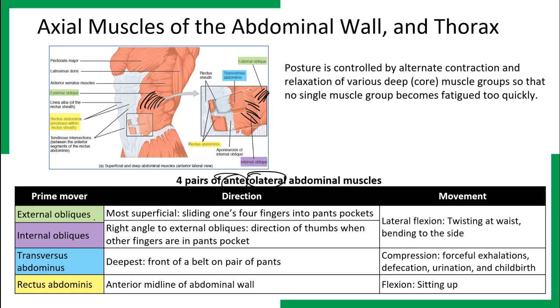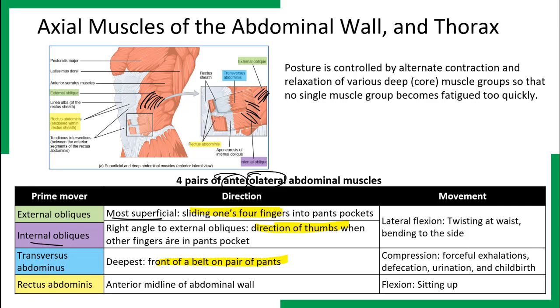So the external oblique muscles are the most superficial muscles, and what I've got over here is just some description so that you know which direction the muscles run. If you're wearing a pair of pants with pockets, wearing jeans, sorry, and then you slide the four fingers into the pants pocket, that's the direction of the external oblique.